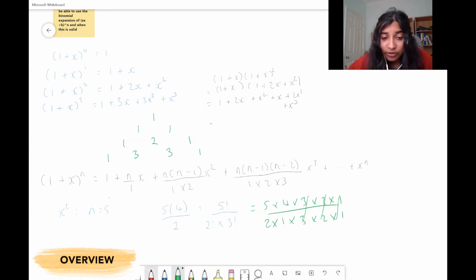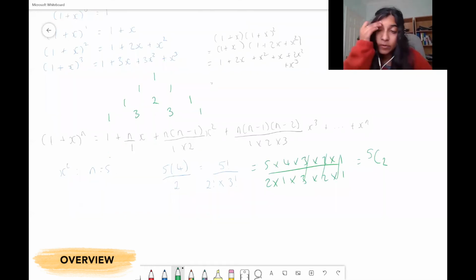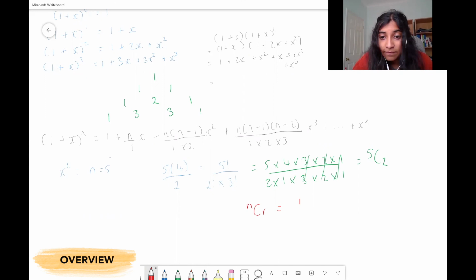And so you can generalize this further by saying this would just be equal to 5C2. This is because whenever we have something in the form of nCr, that's just the same as n factorial over r factorial times (n minus r) factorial.